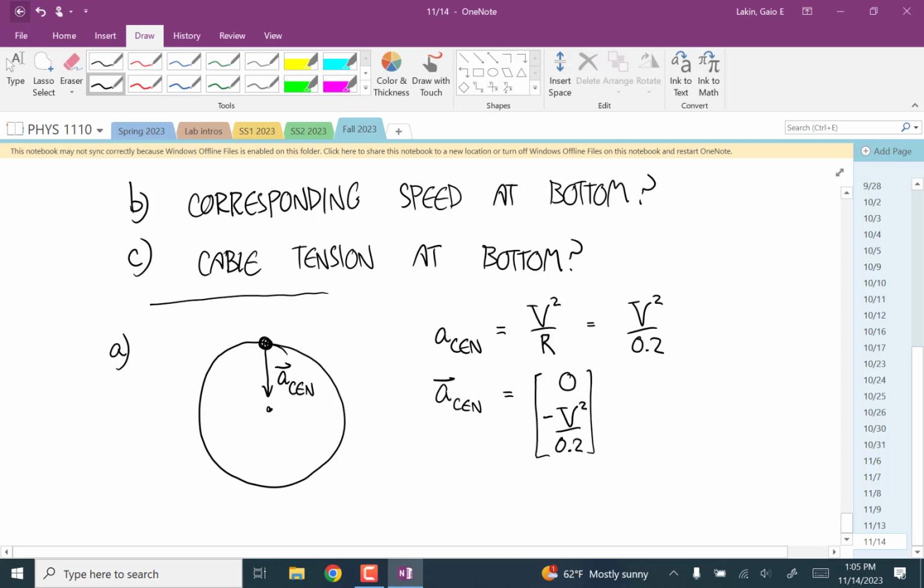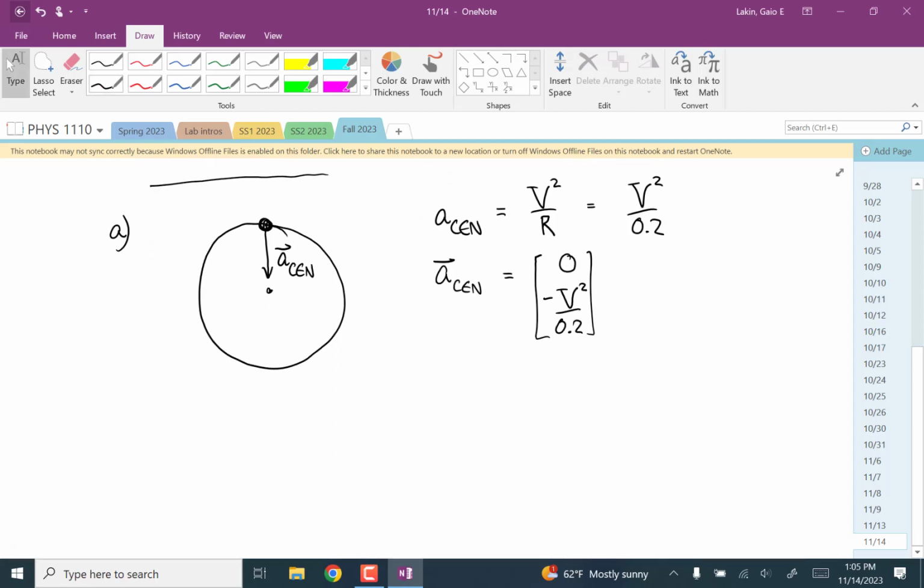Is there any tangential acceleration at the top of the circle? There's not. We've seen that in lab or talked about it in lab. This will be speeding up whenever it's on the way down and slowing down whenever it's on the way up. But at the top and the bottom, it's not speeding up or slowing down. So at this point, there's no tangential acceleration.